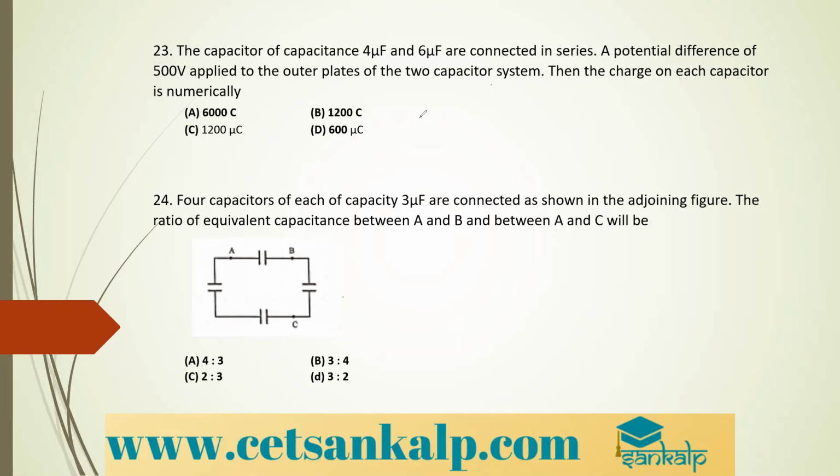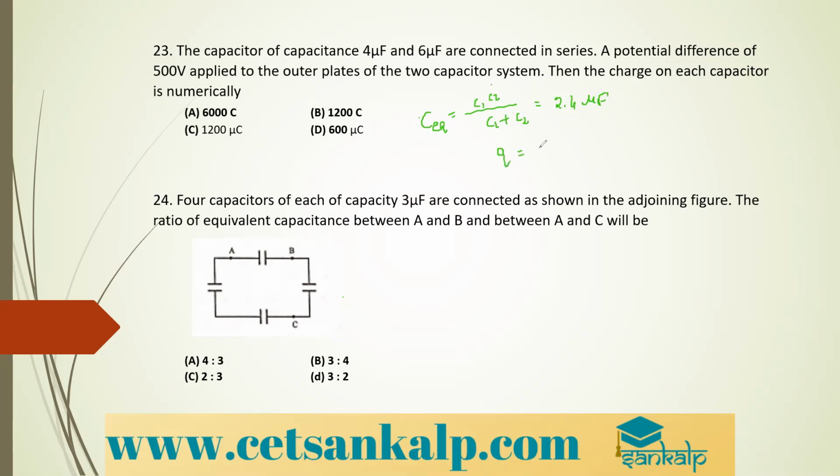So what is the formula for series? That is given by C equivalent is equal to C1 into C2 divided by C1 plus C2. It is given as 4 and 6. If you substitute 4 and 6, you are going to get C equivalent as 2.4 microfarad. Charge flow you need to calculate.